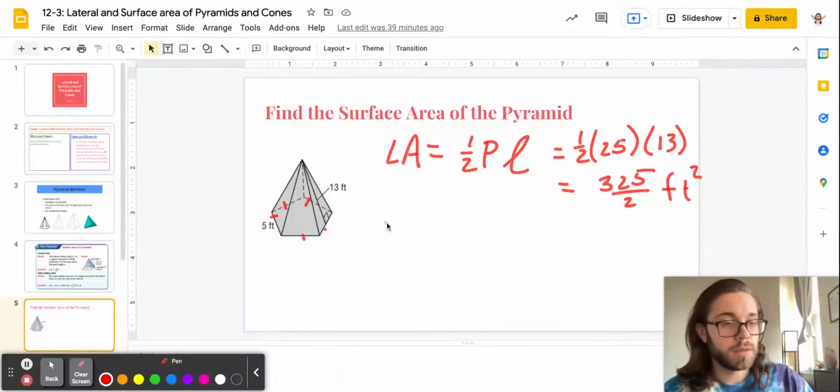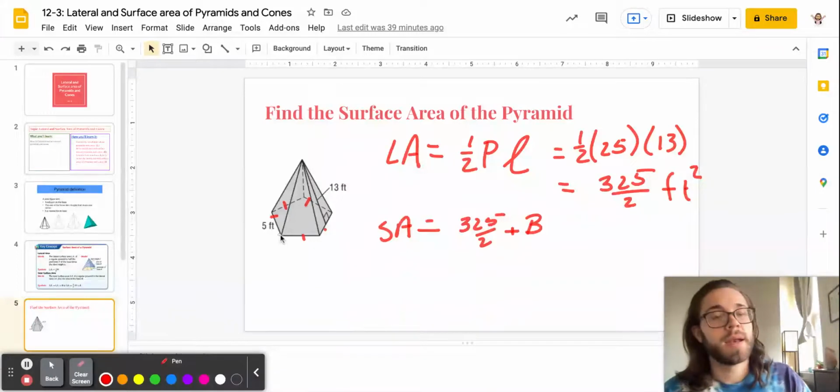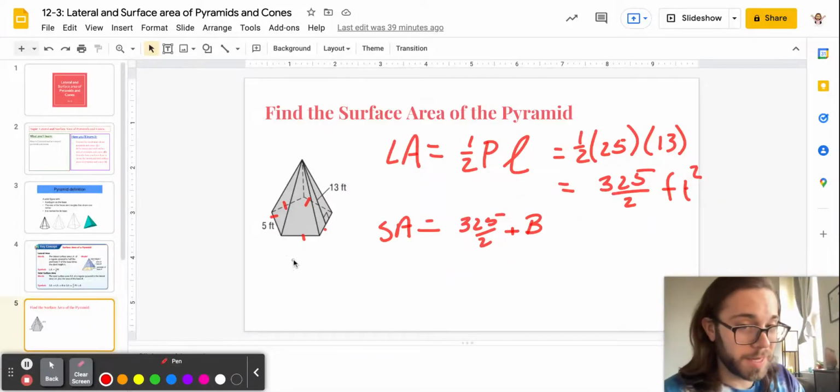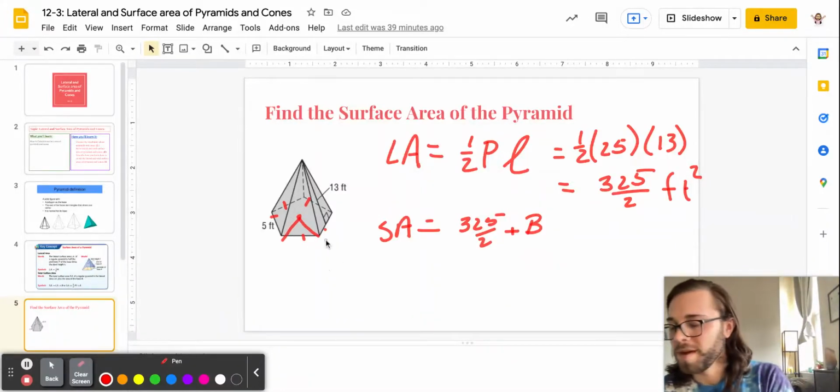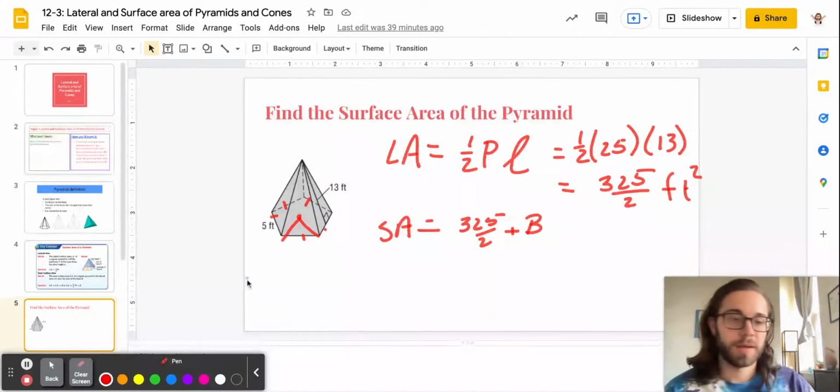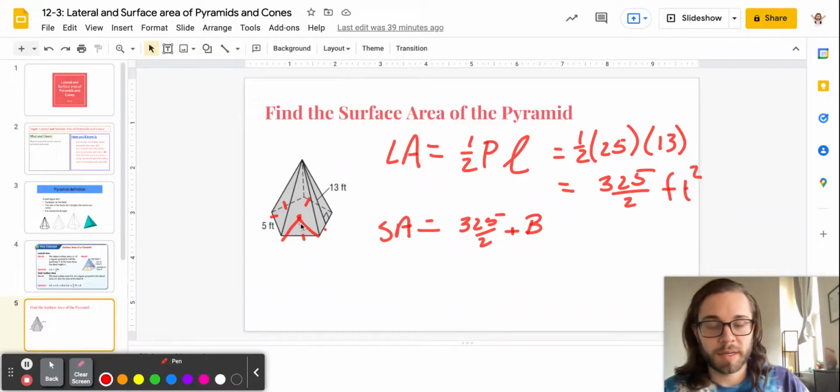Now to find the total, we need to add that to the area of the base. So we need the base. Now we have a regular pentagon. So we are going to have to find the apothem so that we can find the area of the shape. Looking at the pentagon here, I am going to need to find the central angle.